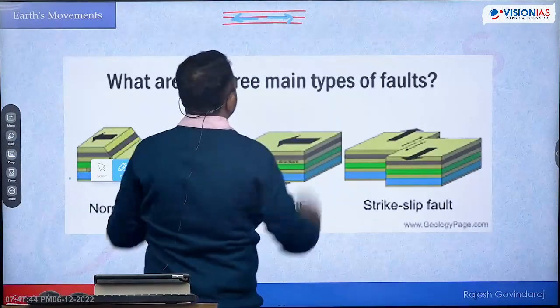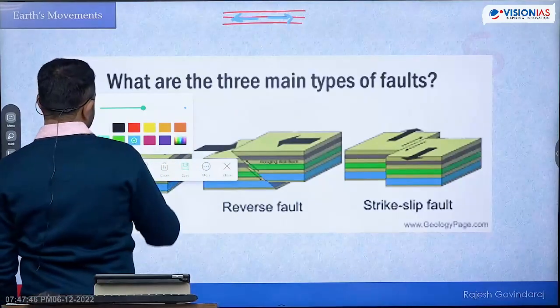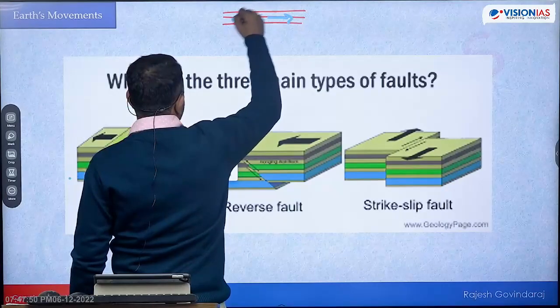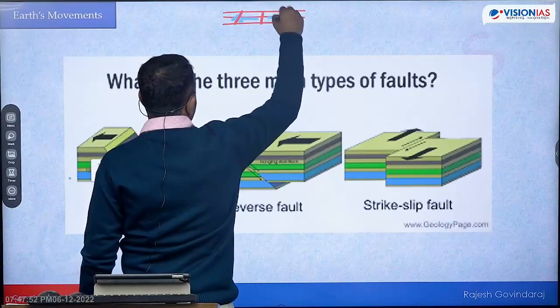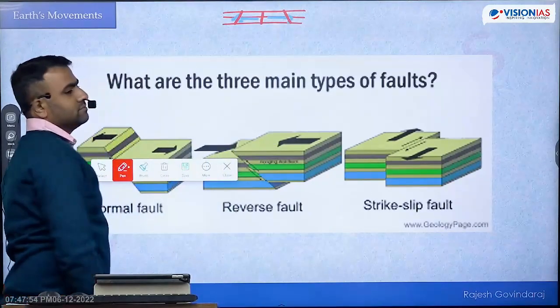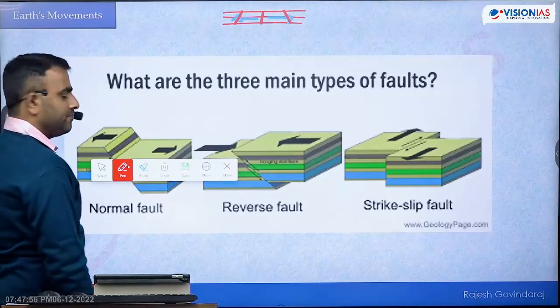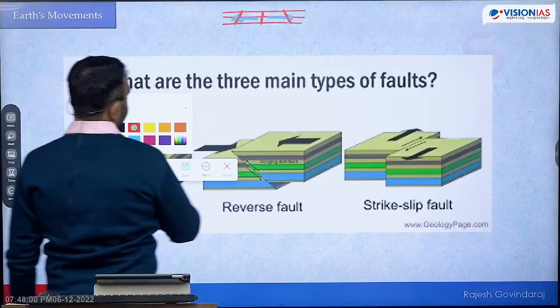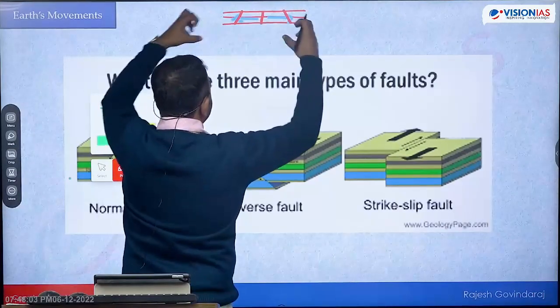They're trying to move away from each other. Over a long period of time, because of this tensional force, it results in cracking. So multiple blocks will form. After sufficient period of time, these blocks are trying to move away from each other, right?